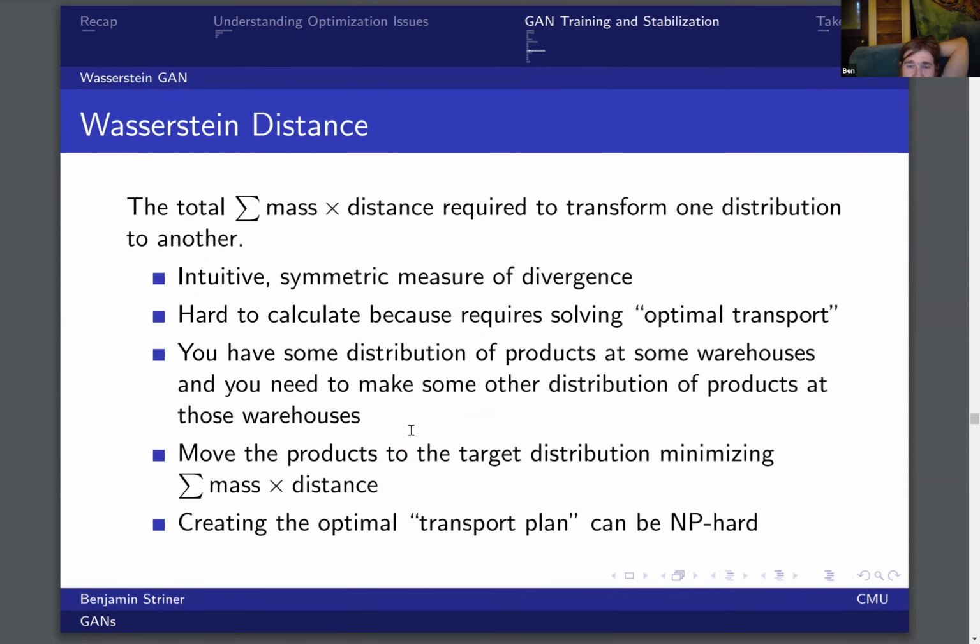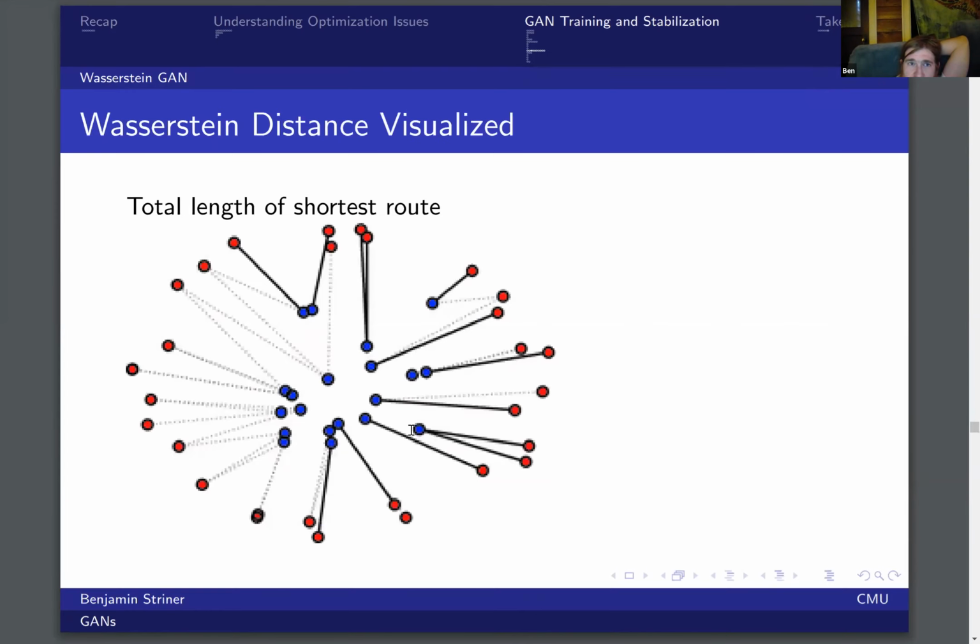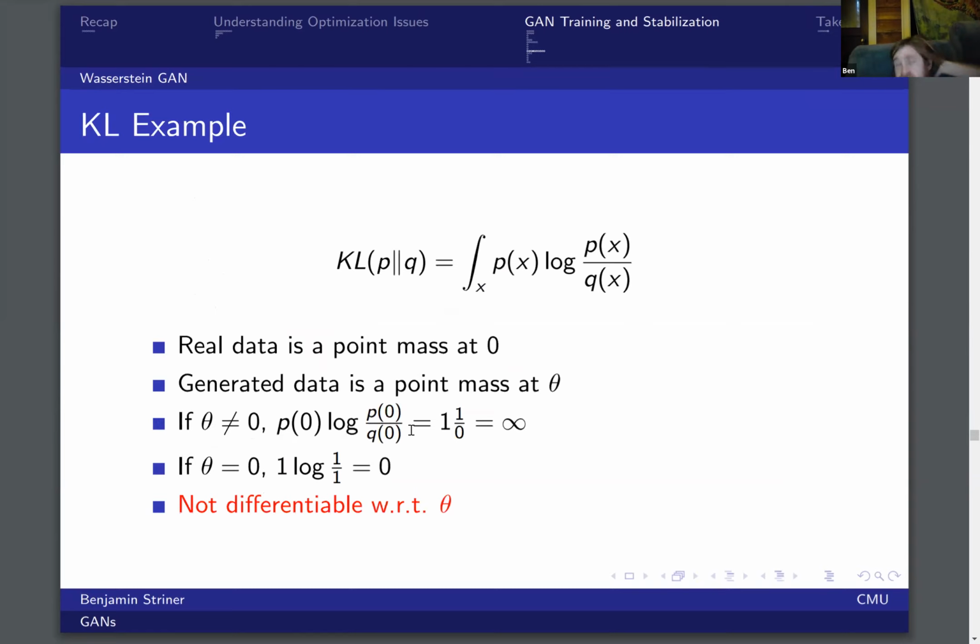And the Wasserstein distance is much, much better than KL in a lot of situations. To explain that, here's the example. Your KL divergence is P log P over Q. You've probably seen that a bunch of times, and if not, you will see it a lot more before you're done with CMU.